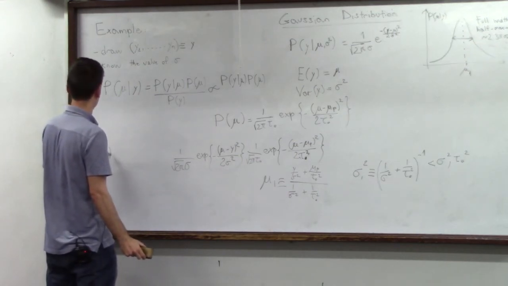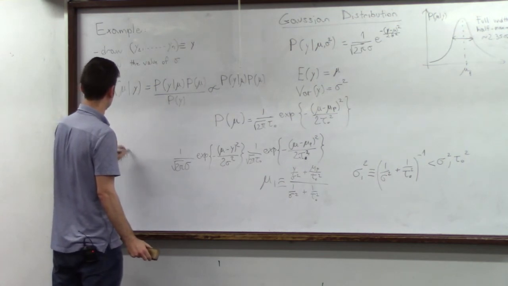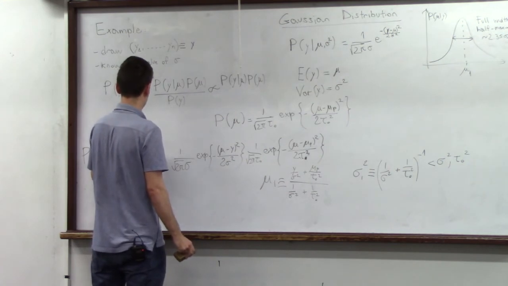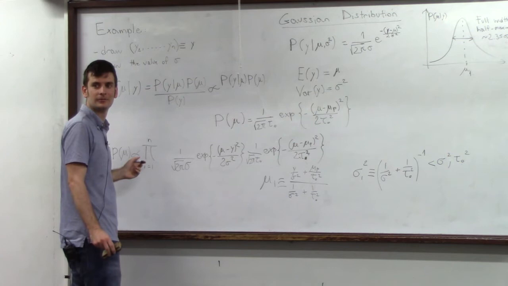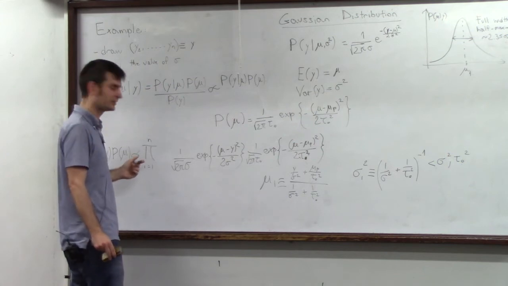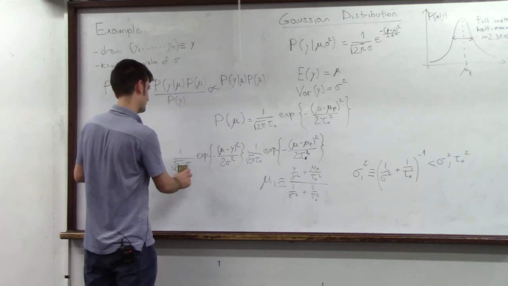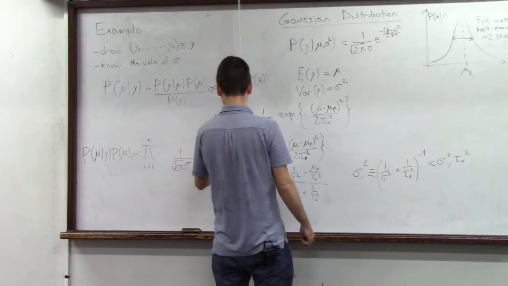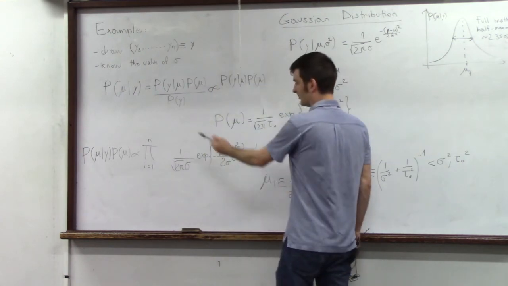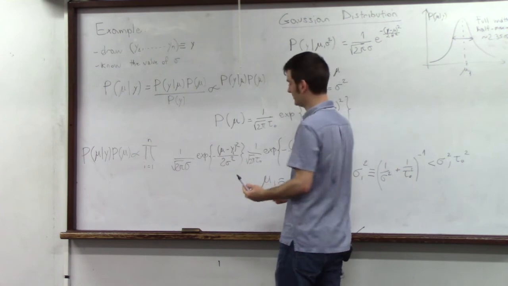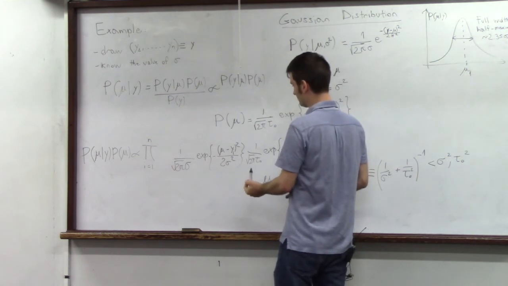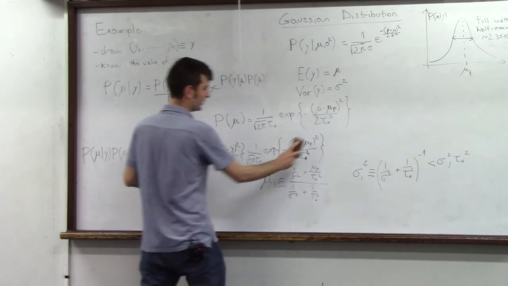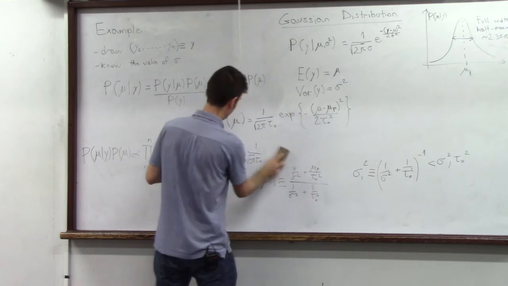So now, do you know this symbol? It's the product of n terms, one per observable. And then we have the prior. But to avoid confusion, let me rewrite this from the top. Sorry.